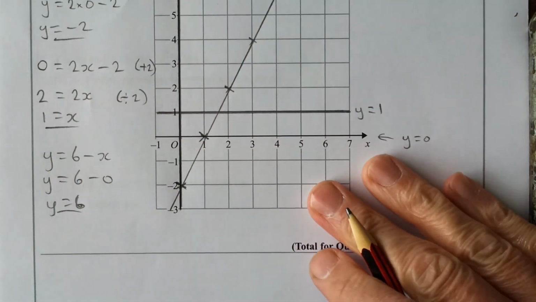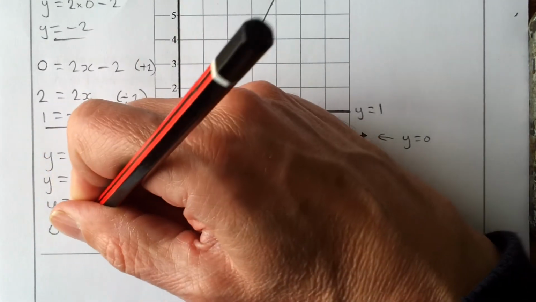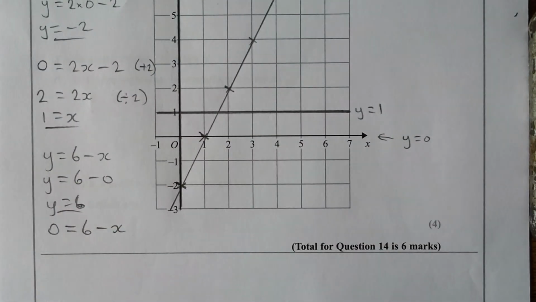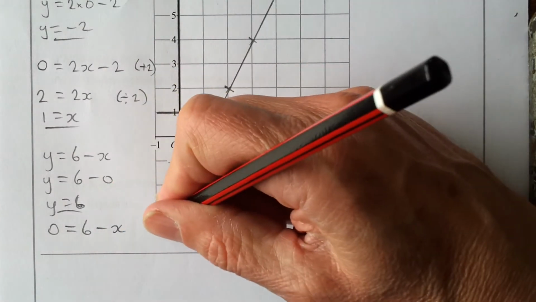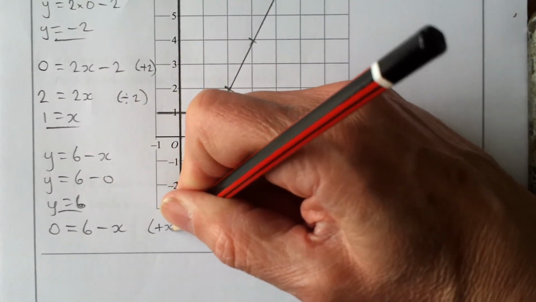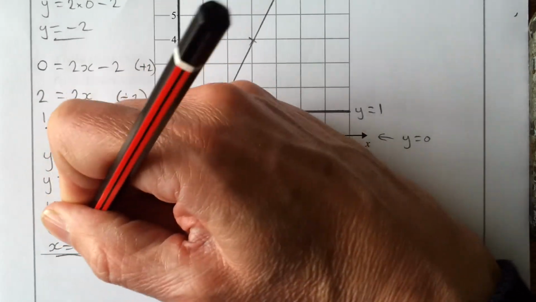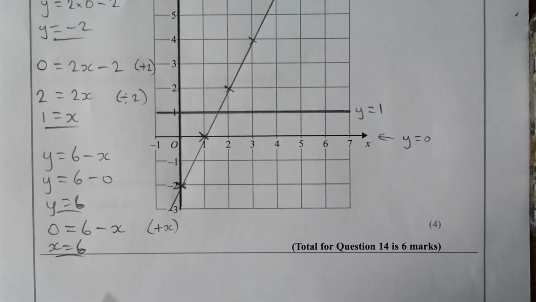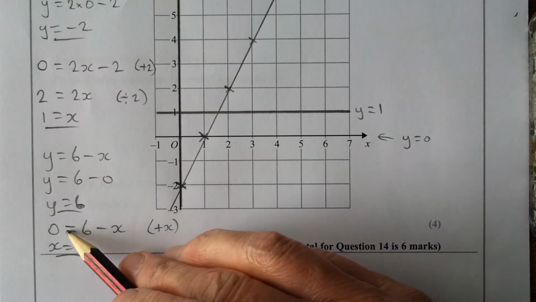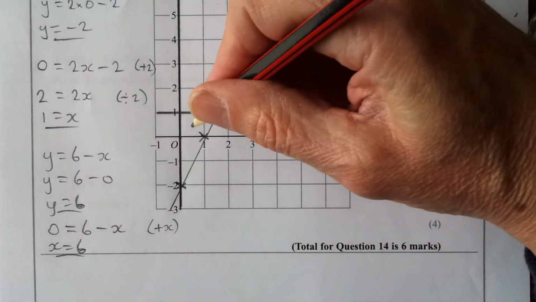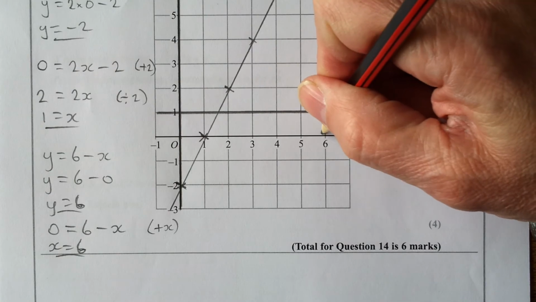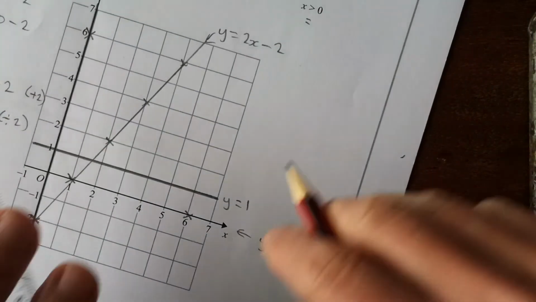Put y equals 0. 0 equals 6 minus x. Now, to make x the subject, because it's negative x, the easiest thing to do is just add x to both sides. We'll get x equals 6. So when y equals 0, x equals 6. Let's draw this line in.